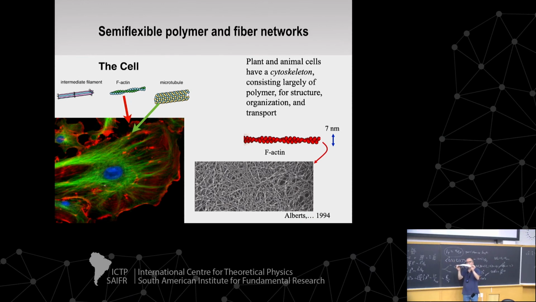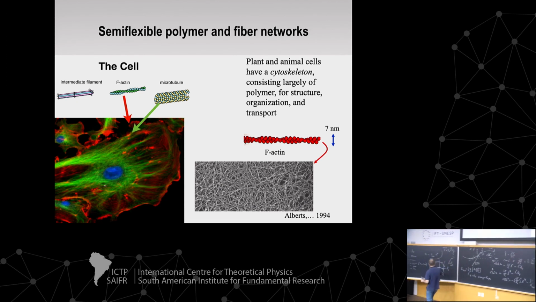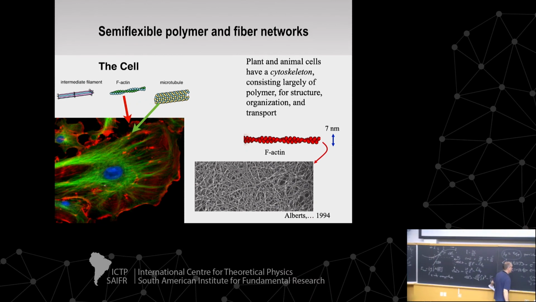If I've got thermal fluctuations of the ends that cover a certain range, that implies, through this kind of picture here, an effective stiffness. And that is the mechanical thing you couple to when you shear a network. If I've got some polymer oriented like this, let's say, and I shear this system, I'm asking to stretch this. And depending on the range of those thermal fluctuations, I have a stiffer or softer environment.